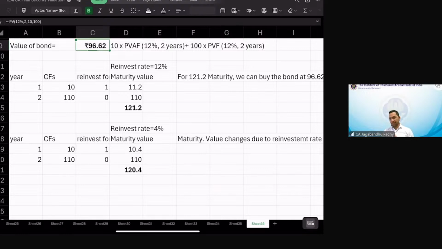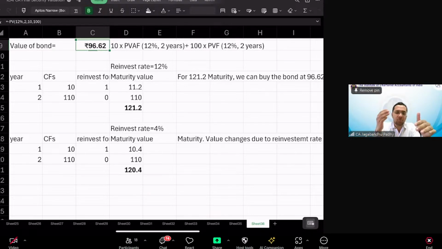Is it possible? Can we do that? Instead of buying a 2-year bond, can I buy a 4-year bond today, receive the coupons for 2 years, and after 2 years, sell the bond in the market? Yes, it is possible.